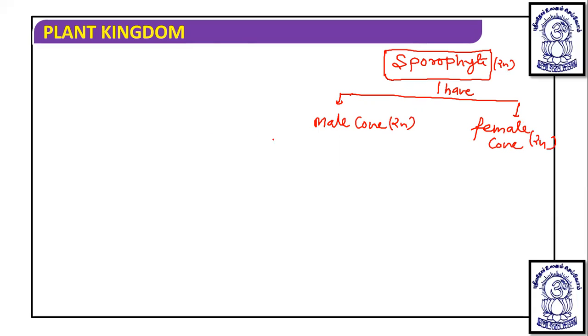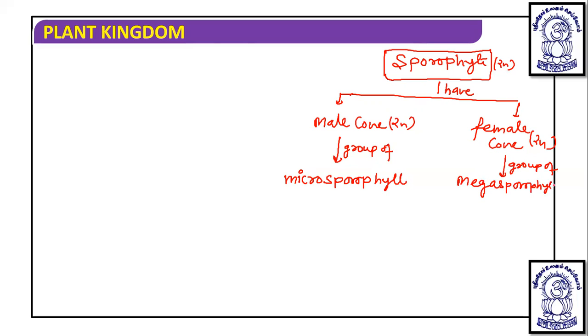Now the male cone, we know that a cone is a group of sporophylls. So the male cone is specifically a group of microsporophylls, and this female cone is a group of megasporophylls.